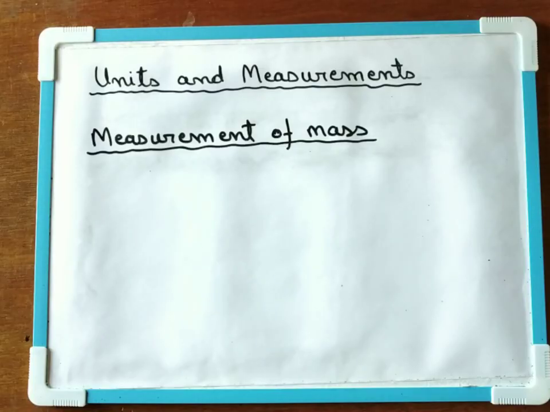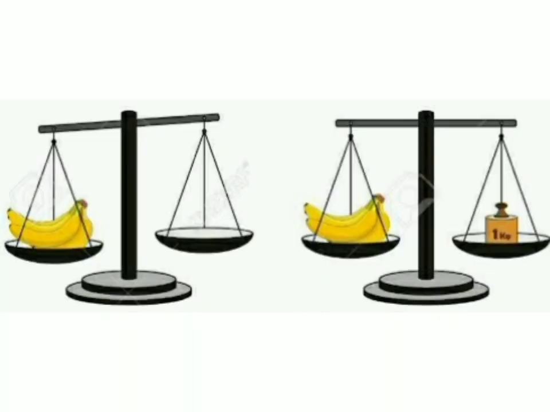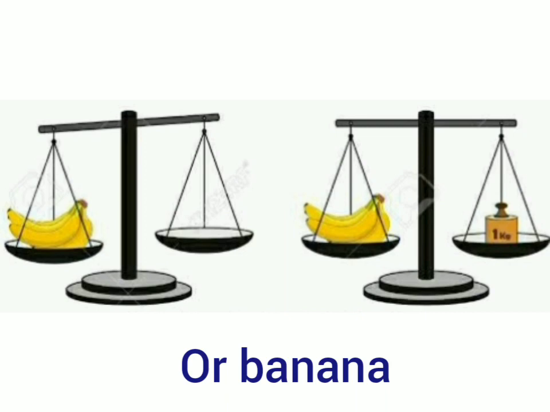Now what is the SI unit of mass? The SI unit of mass is kg. And how do you measure mass? We can go to a vegetable vendor, and if we ask for 1 kg of potato, how will the vendor measure it? He'll use a scale, and he'll compare that potato with a known mass.